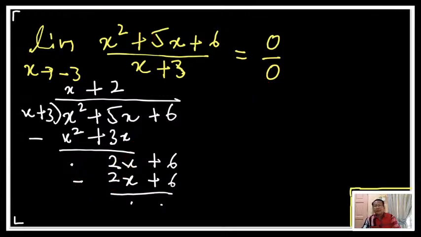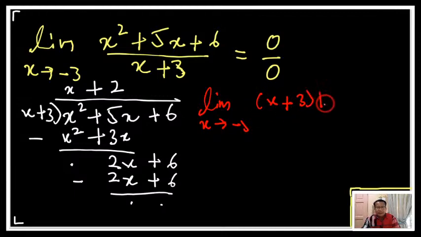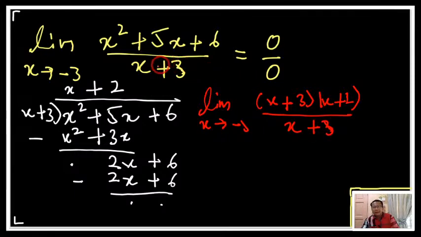Okay, so the next step is this one, you have to factor out. So limit x approaches minus 3, this one x plus 3, x plus 2. In the exam, you must be able to cancel this one.